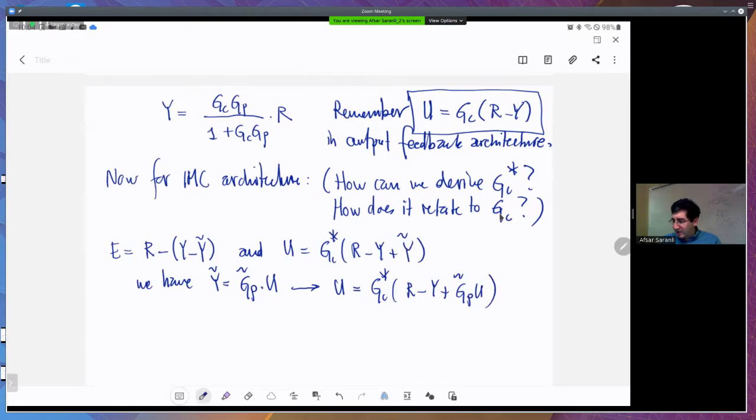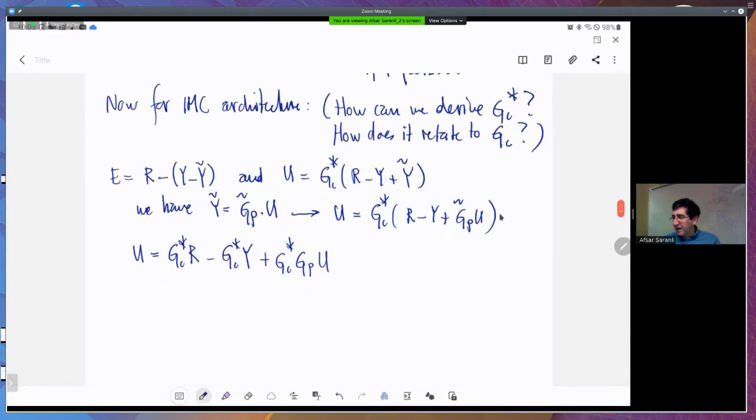Okay, so let's further that. u is equal to gc star times r minus gc star times y, and plus obviously gc star times gp tilde times u. Okay, now I have u here and another u term here, so I can group the u terms on the left hand side. 1 minus gc star gp tilde times u. Now that becomes equal to gc star times r minus y.